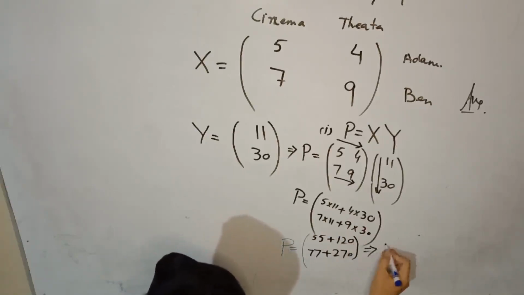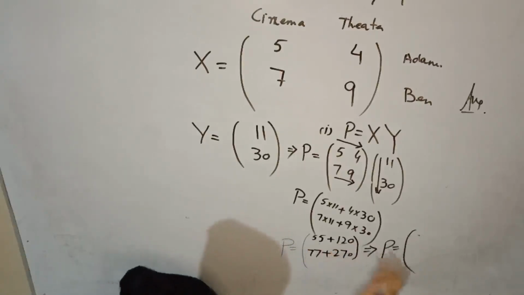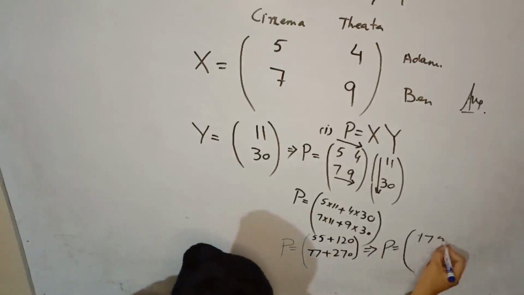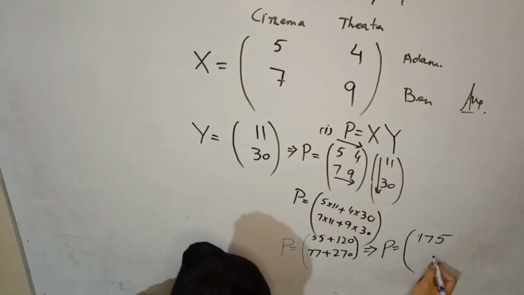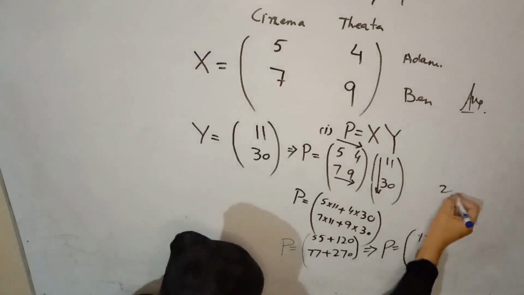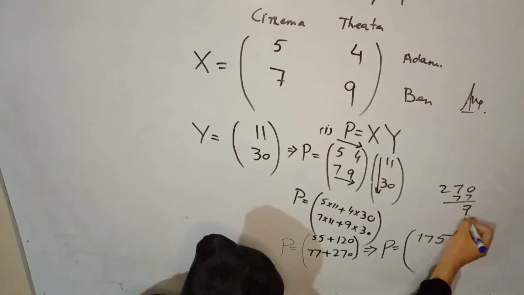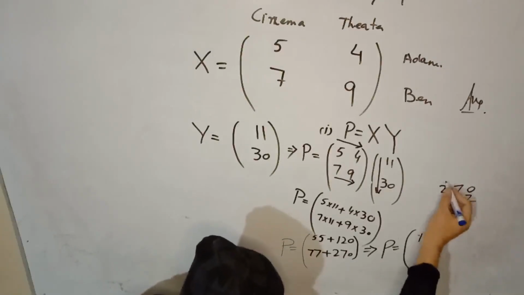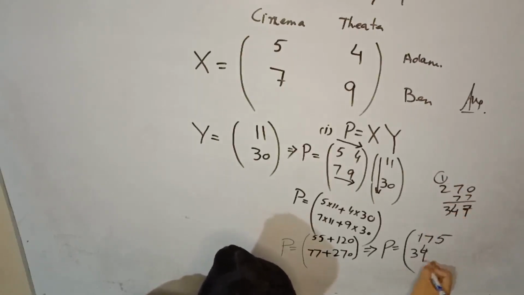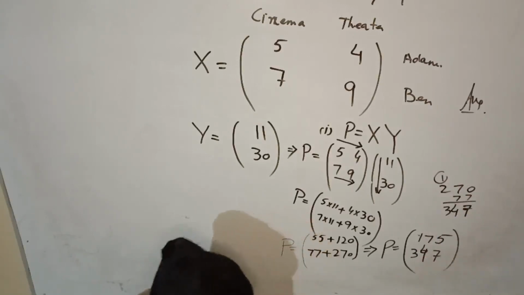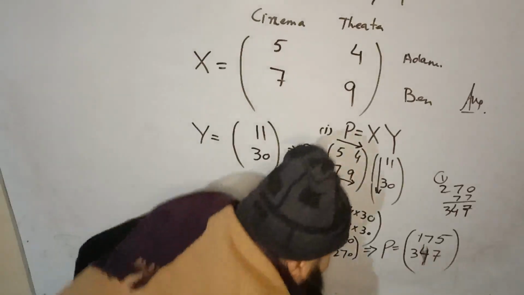So P will be equal to 55 plus 120 is 175. 77 plus 270 is 347: 7 plus 0 is 7, 7 plus 7 is 14, 1 carry, 1 plus 2 is 3, so 347. So this is the product matrix P, which is equal to the product of X and Y.